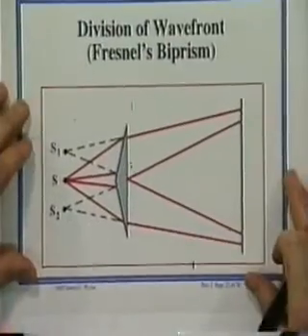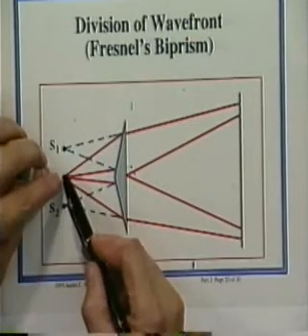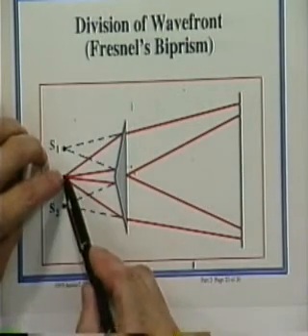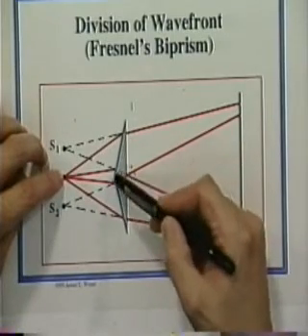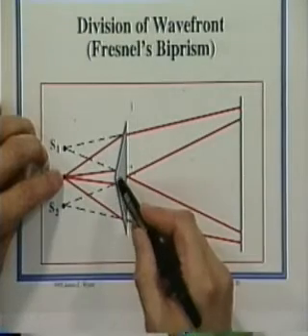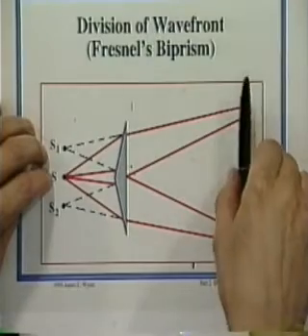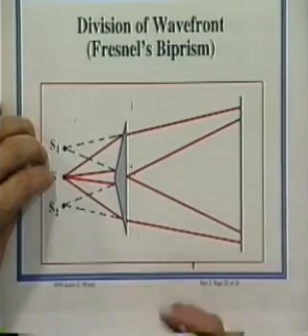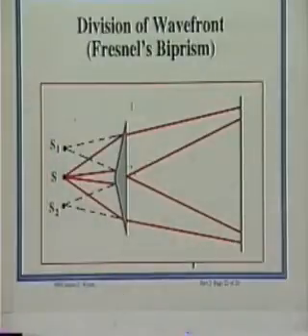Fresnel not only had mirrors, he had prisms. Another example, division of wavefront. A source here. Part of the wavefront comes up here, goes through this portion of the prism. Part of the wavefront comes down here, goes through this portion of the prism. When I sit back here and look back, it's going to look like I have two sources, S1 and S2.